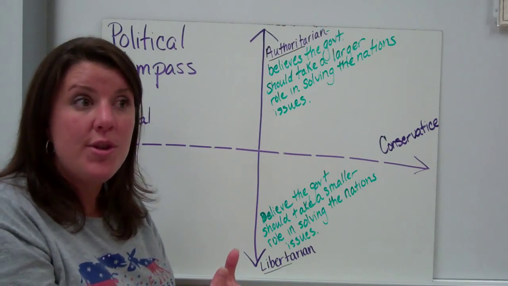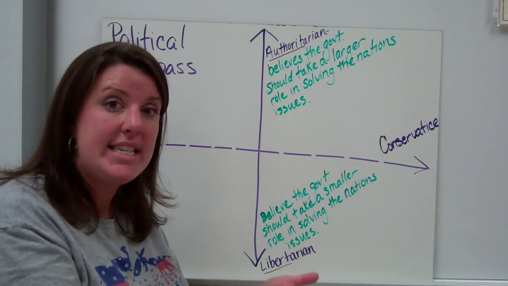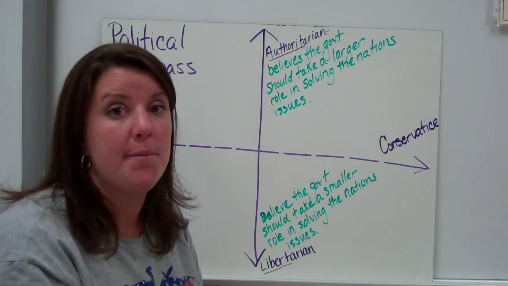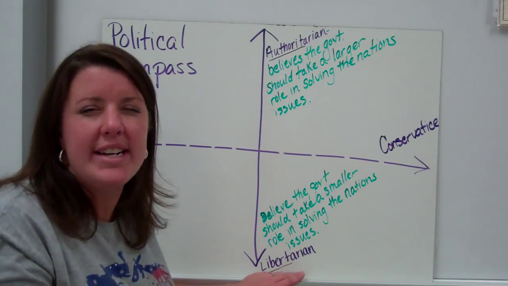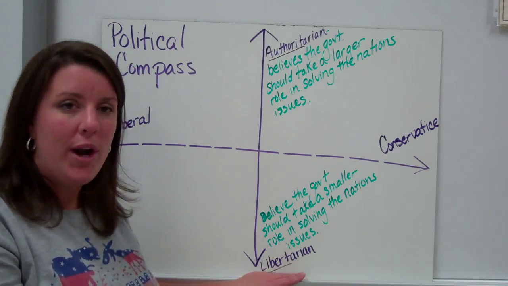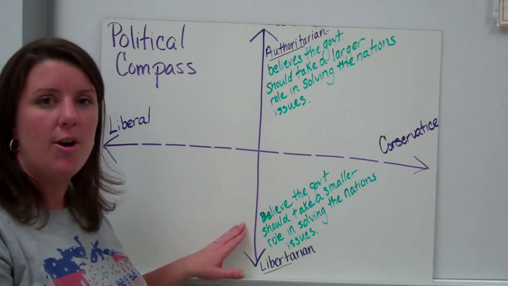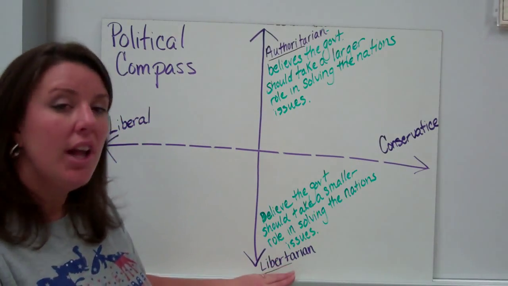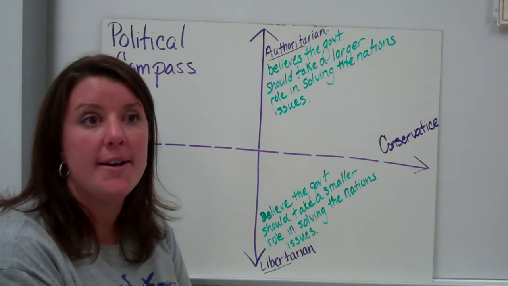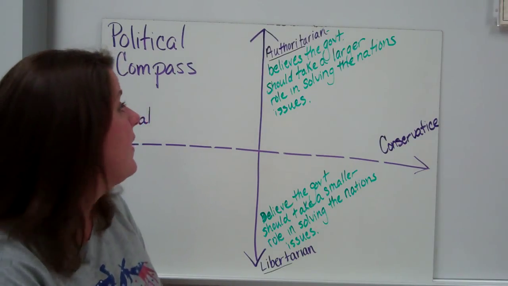If there is an issue that arises, it should be the government to step in and fix that problem. Whereas libertarian, those personal liberties, rights, freedoms, those are more important, and the government shouldn't be as large, and the government shouldn't be regulating businesses. The people should be left to run the country the way they see fit.